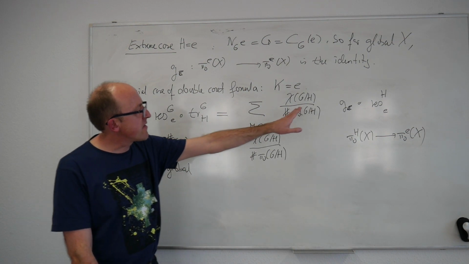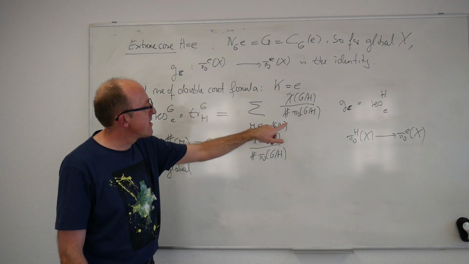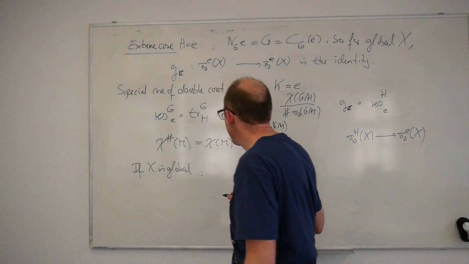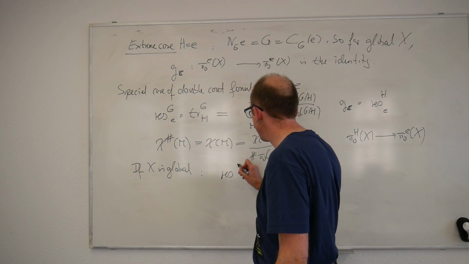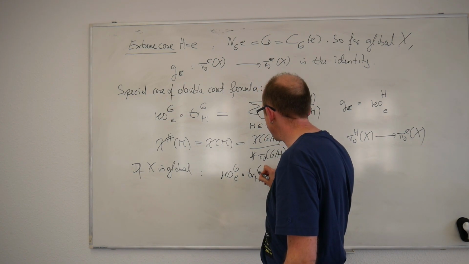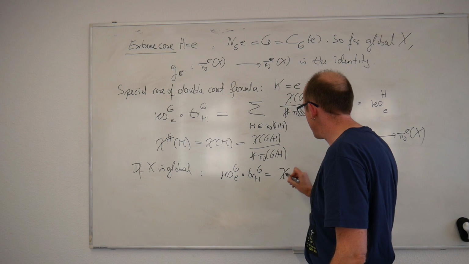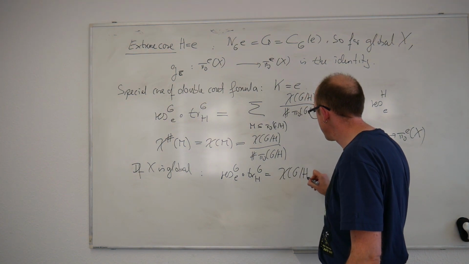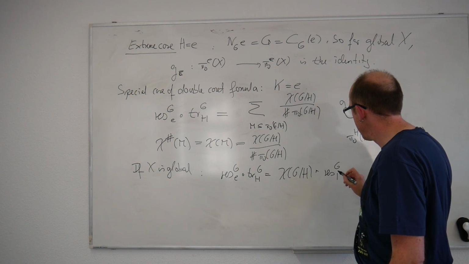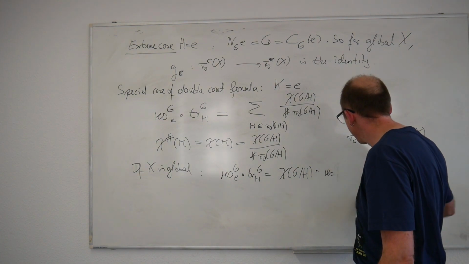So we're summing the same term as many times as we have in the denominator here, so we can just pull this out. So if X is global, we arrive at the formula: restriction from G to E after transfer from H to G is just the Euler characteristic of G mod H multiplied by restriction from H to the trivial group.